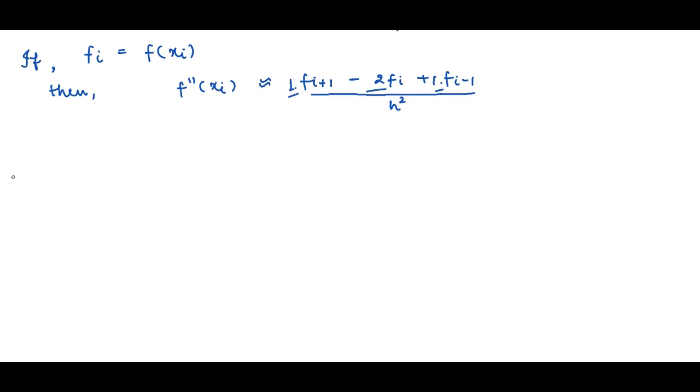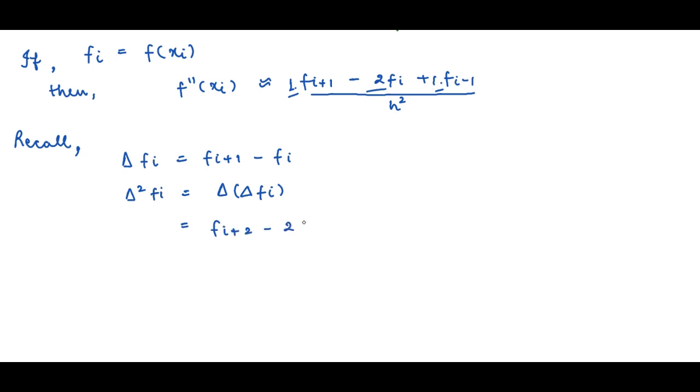Now let's derive the forward difference formula for the second derivative. We can use the forward difference operator. Recall delta fi equals fi plus 1 minus fi, and the second forward difference is delta square fi equals delta of delta fi. Therefore, delta square fi equals fi plus 2 minus twice of fi plus 1 plus fi.